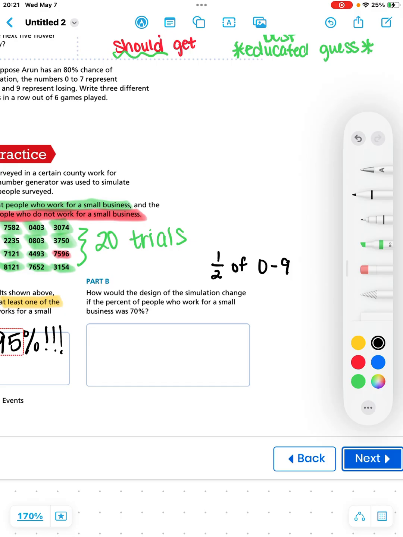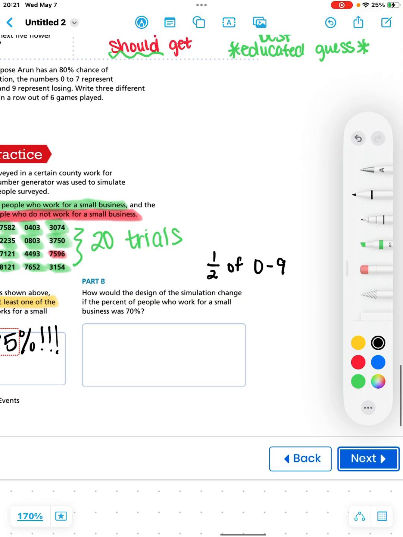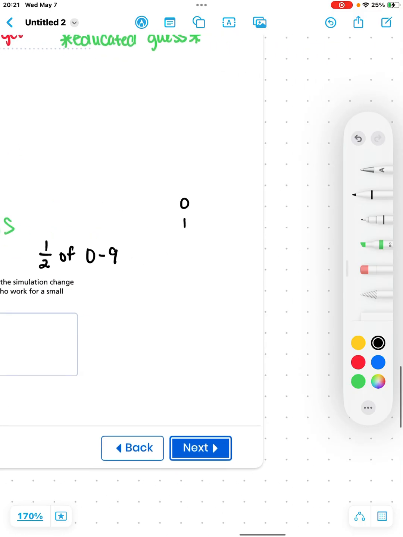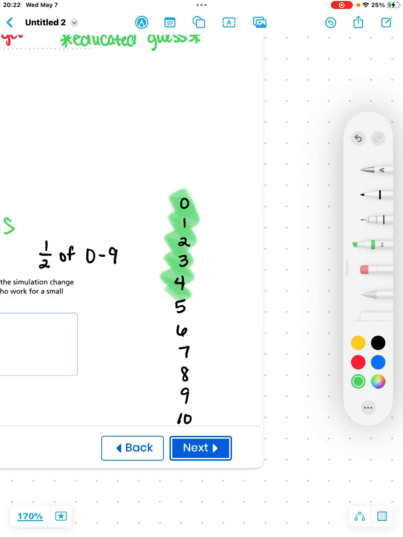So maybe having numbers 0 through 6, because let's rewrite those numbers. We have 0, 1, 2, 3, 4, 5, 6, 7, 8, 9. At this current moment, 0 through 4 represented small business. That is half. That is 5 out of the 10. Quick fix.